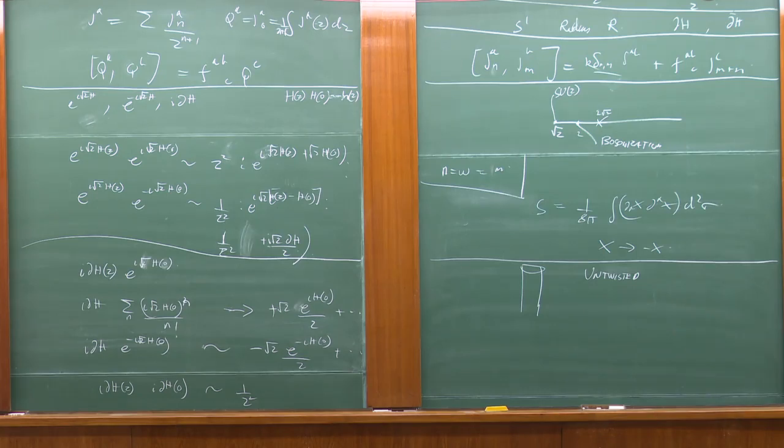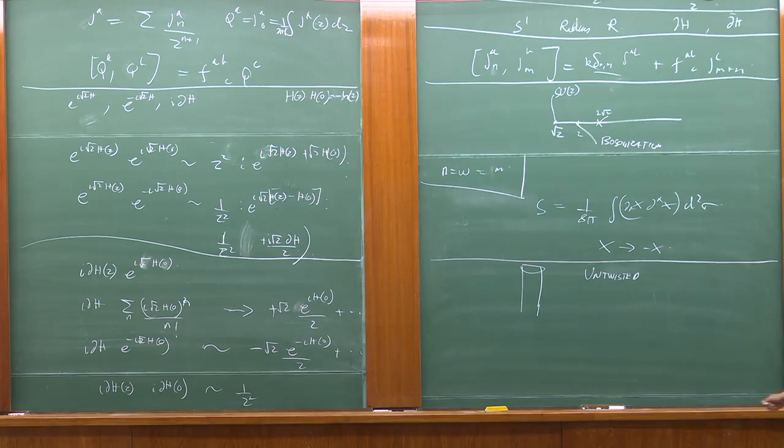Gauge invariant states are states that are left invariant, go back to themselves when we act with all gauge transformations. But the gauge transformations here are just 1 plus the operator that takes X to minus X, divided by 2. Is this clear? So all states have to be even under X goes to minus X, under the gauge transformation that implements X goes to minus X on the Schrodinger wave function. Is this clear? Okay.